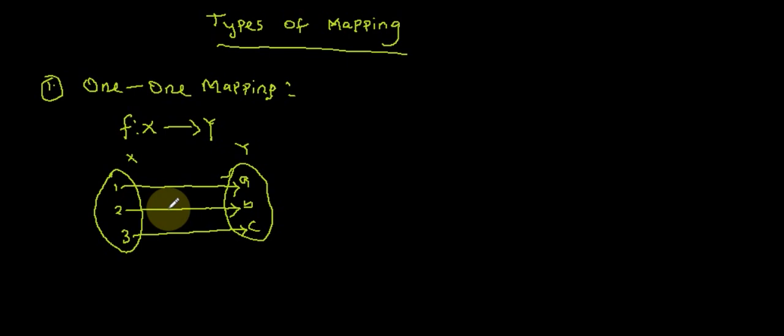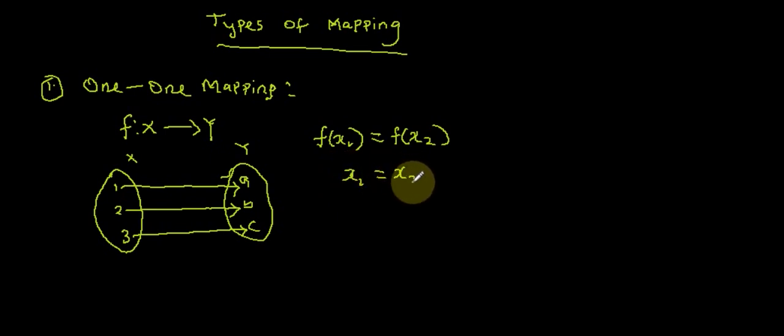That's one-to-one mapping. So we represent this by saying f of x1 is equal to f of x2, and this means x1 is equal to x2.